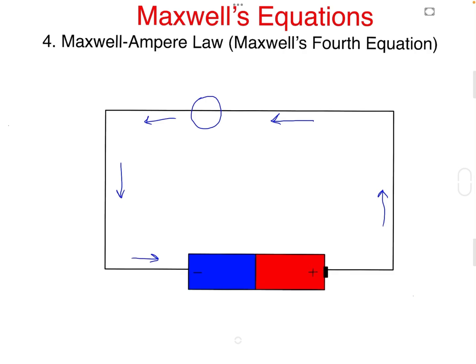So I'm just going to write this magnetic field. The strength of this magnetic field, how strong it is at any point around the loop, is directly proportional to the conduction current. The blue arrows are the current, also known as the conduction current.